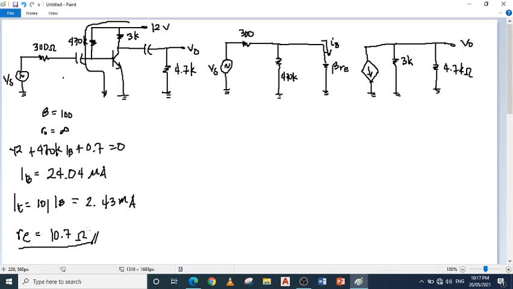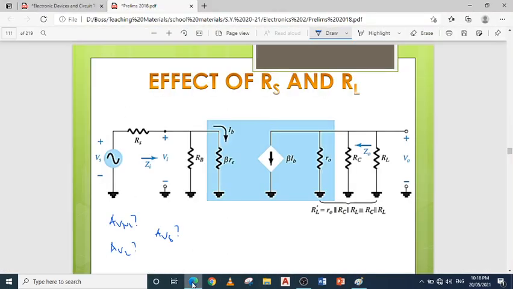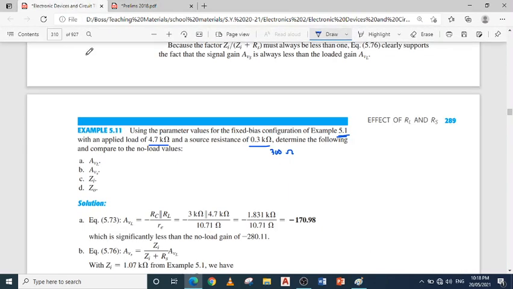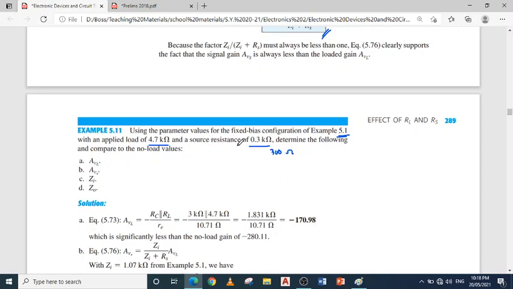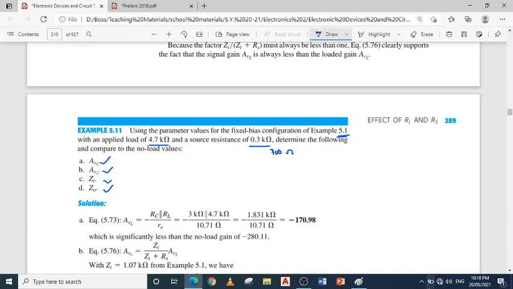Now, what are the things that we need? What was the question? Determine the following. We have to solve for AVL, AVS, of course, ZI, and ZO. The first ones we get are ZI and ZO.